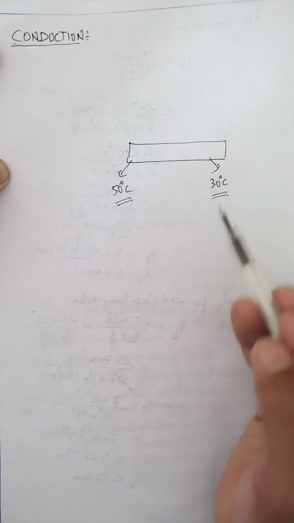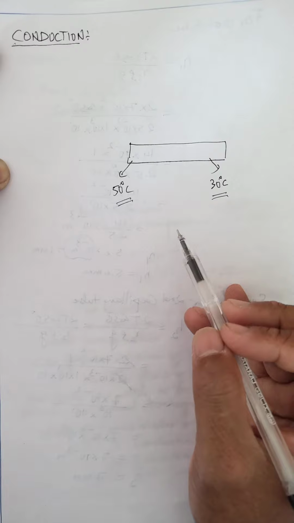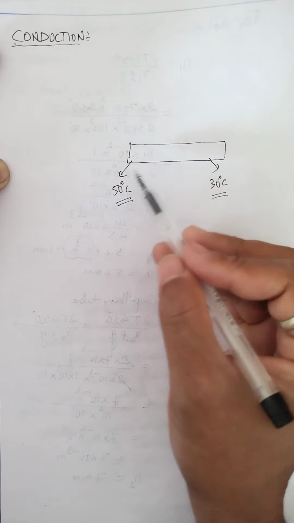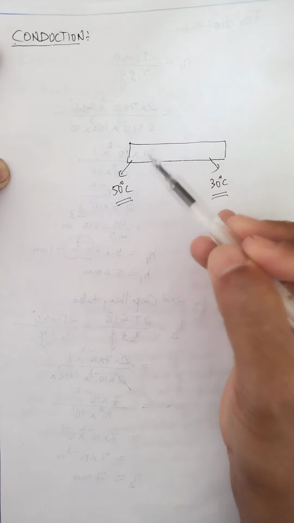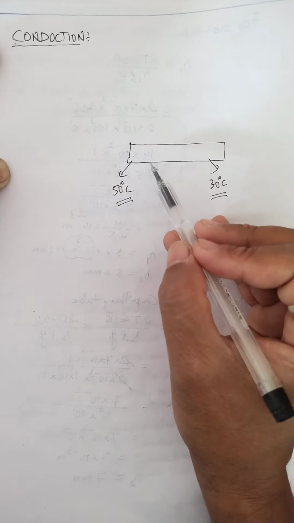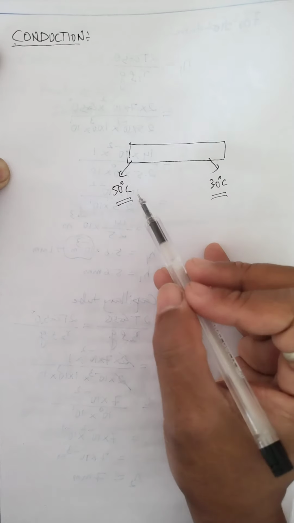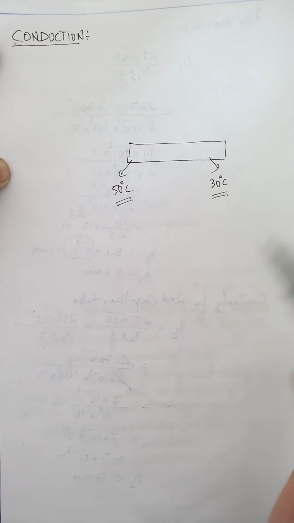When there is a difference in temperature between different parts of a body, then the particles of the body, the molecules at higher temperature, give heat by mutual contact to the particles at lower temperature. Thus heat flows from the part at higher temperature to the part at low temperature.